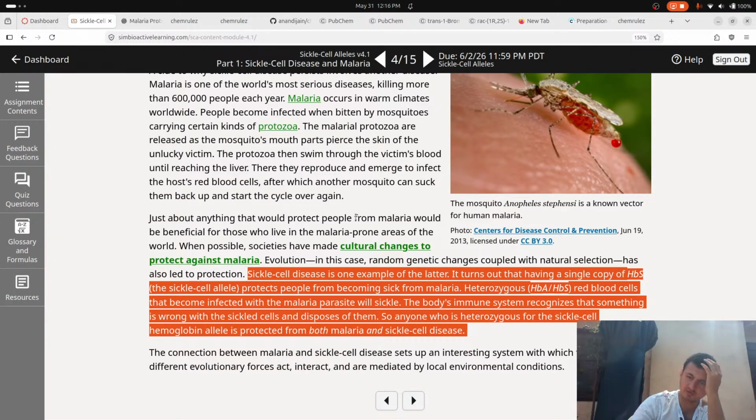so the susceptible people are the homozygous wild type, I think that's what you call it, HBA. So if malaria kills, you're selecting against that homozygous HBA.